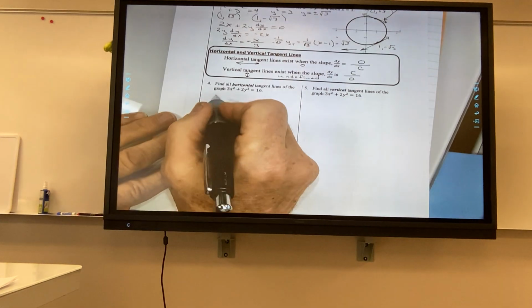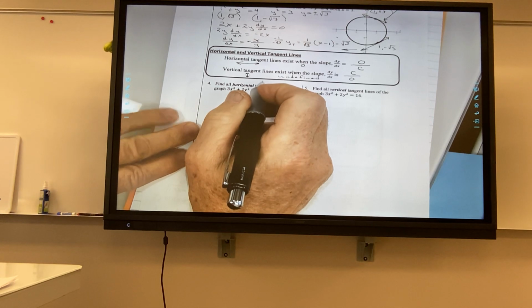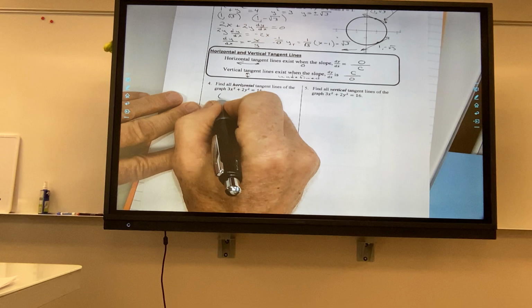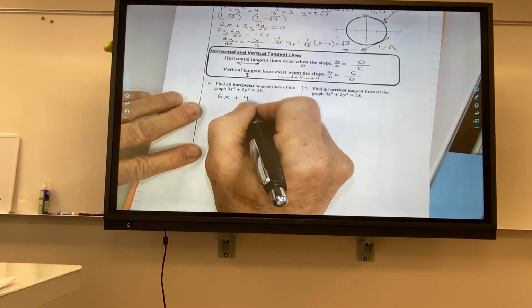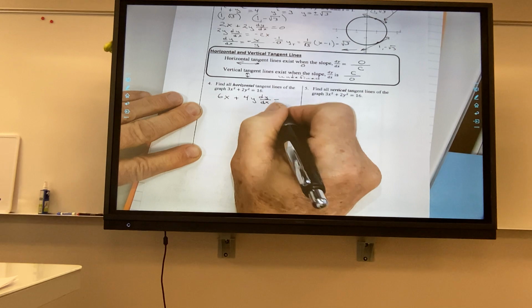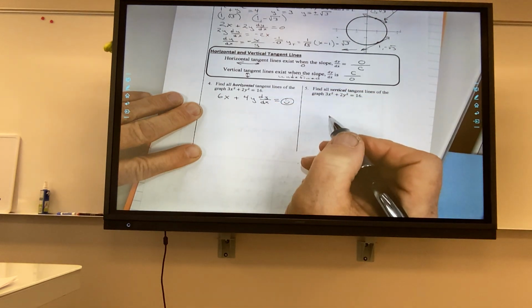The only way we're going to do that is we got to take the derivative, correct? Tell me what to write. 6x plus 4y dy/dx equals 0.